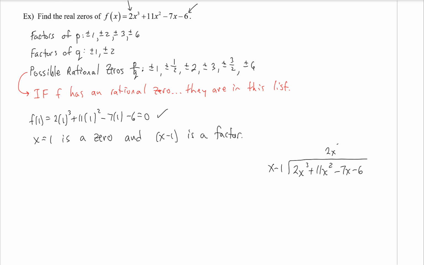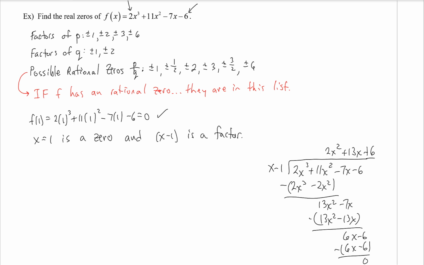So 2x squared would give me 2x cubed. Then we can subtract, get 13x squared. Then we'll get 13x squared minus 13x. And then, let's see, negative 7, that'd be 6, minus 6, and then we'll have plus 6.